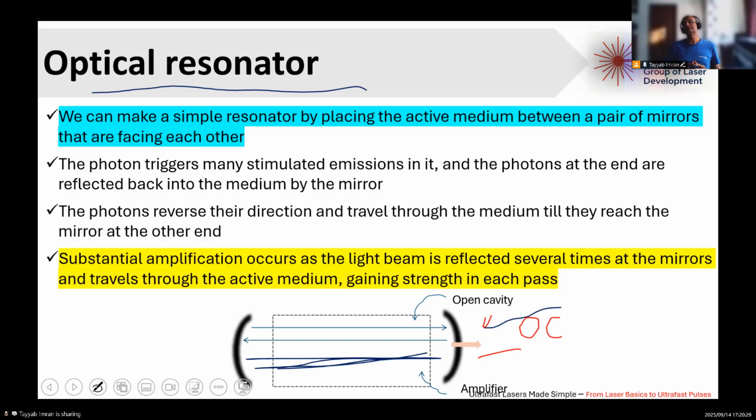Usually this one is partially polished. What is partially polished? It means that when the photons inside the cavity are built up, increased to a certain limit, then this mirror lets these photons pass through.